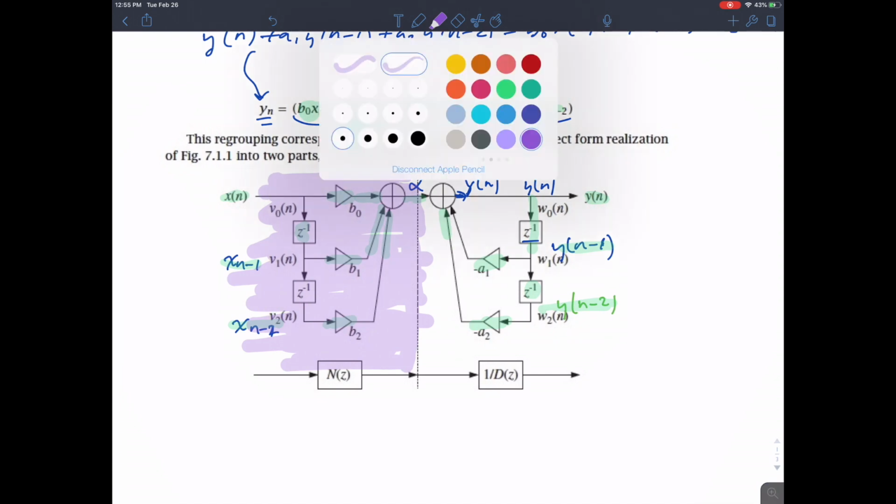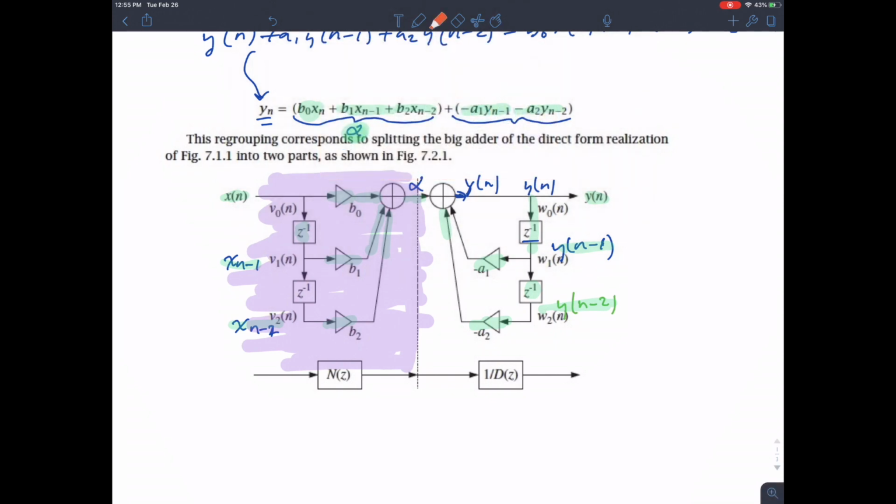Then I have another side to this, the denominator side, where we have the y's. We pick up that summer as well. So this block is essentially 1 over d of z, where d of z is the denominator.